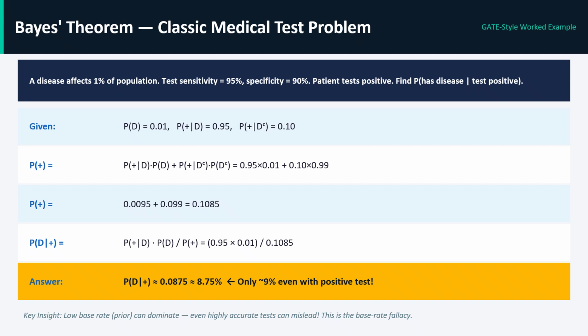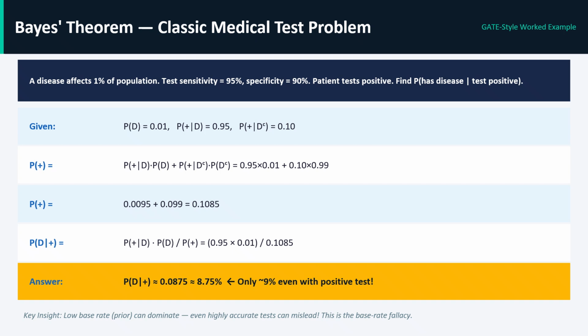Given probability of disease is 0.01 only, and the probability of positive given disease is 0.95. That is the sentence in the question, that test sensitivity is 95% is represented by probability of positive given D equal to 0.95.